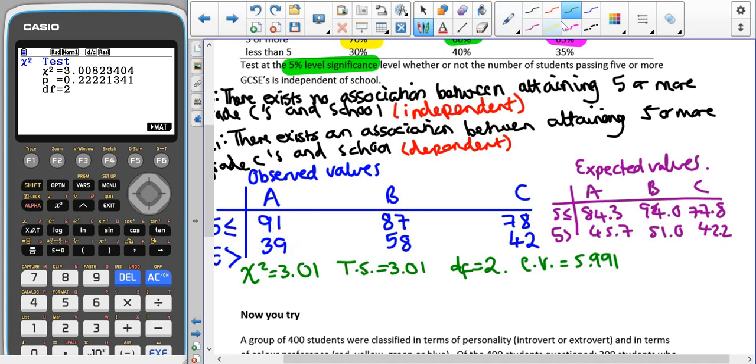So as the test statistic is smaller than the critical value, we're going to accept H0 at a 5% significance level.